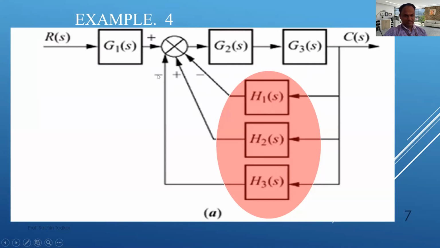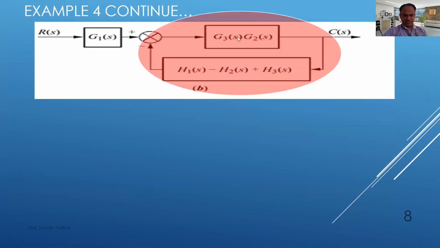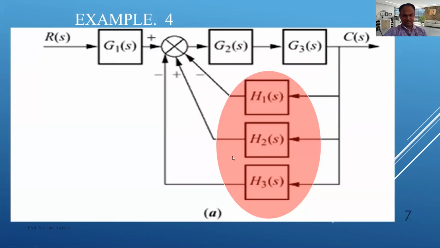If we take the minus sign common, what will happen? It will give us H1 minus H2 plus H3, and the negative sign is taken common here. Again, I'll show you the first slide. H1 is negative, H2 is positive, H3 is negative.